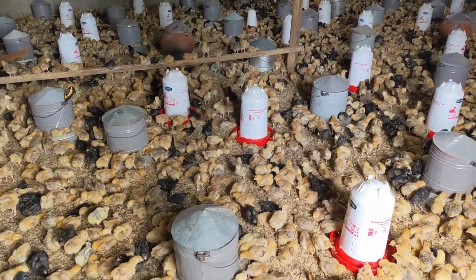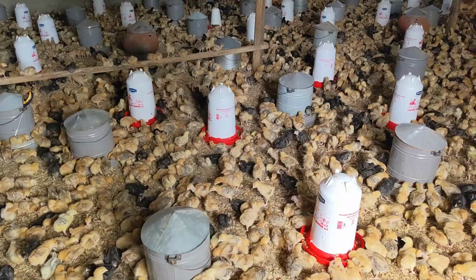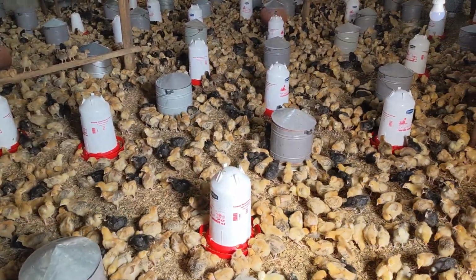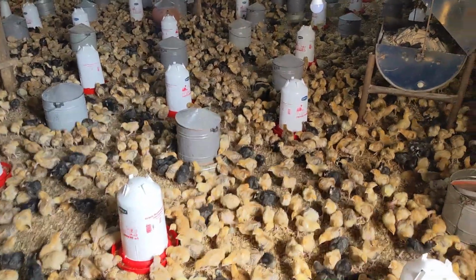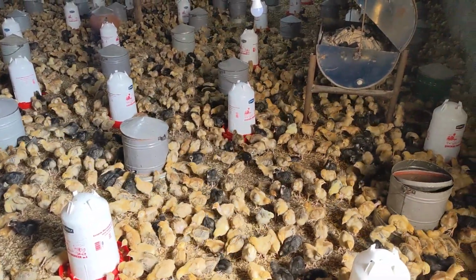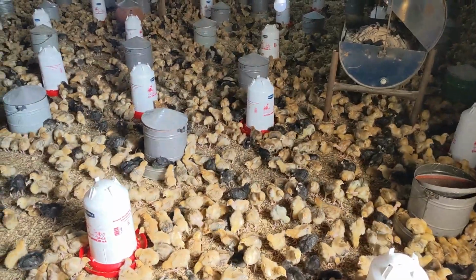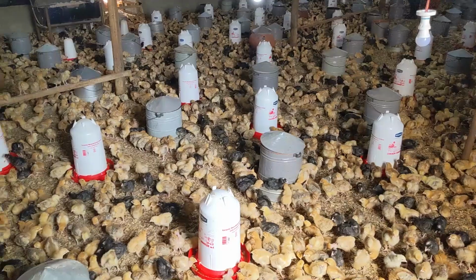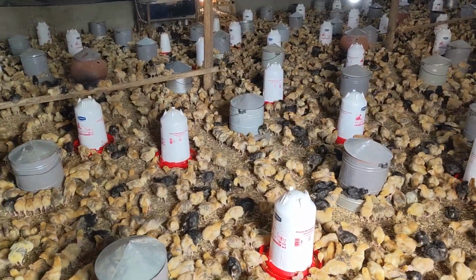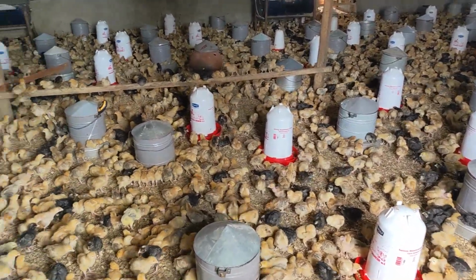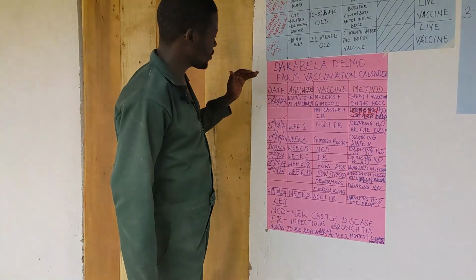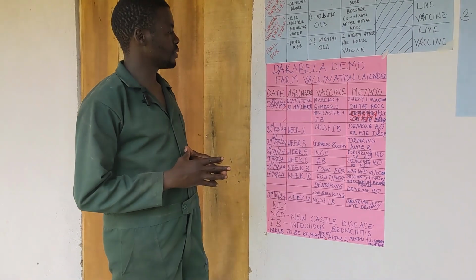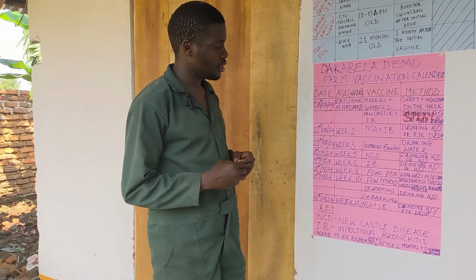So what are really the prevention and the control measures to this disease called Newcastle, which is caused by the paramyxovirus? The first prevention is vaccination. So vaccination of the chicks before the attack, following the vaccination schedule or the vaccination calendar as given by the distributor farm, must be followed.